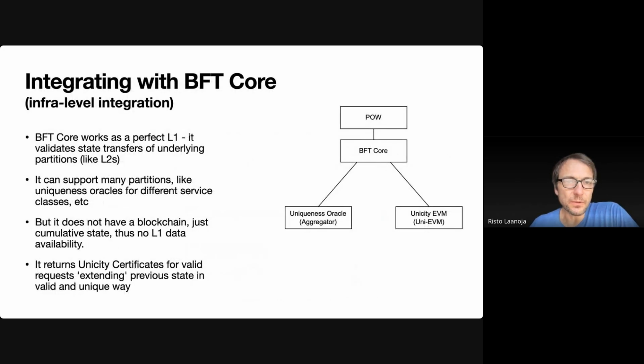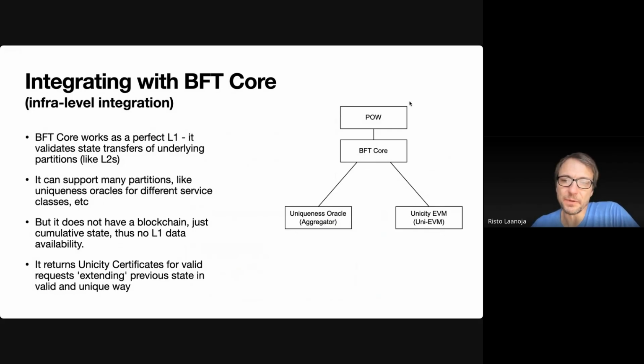And now how it integrates with our own layer 1, which is part of the Unicity consensus layer. We call it BFT core. Here is a picture. The proof of work and BFT core together are the aggregation layer, and the Unicity Oracle runs under the BFT core.